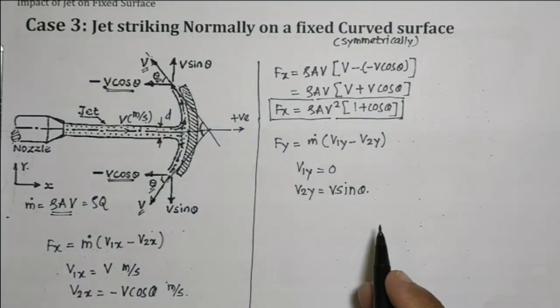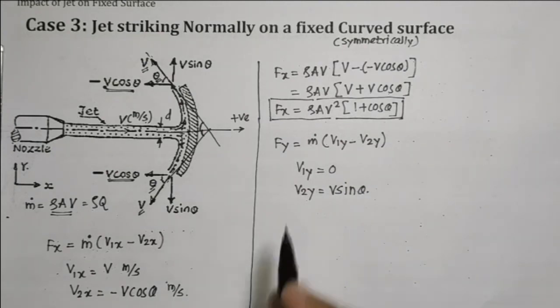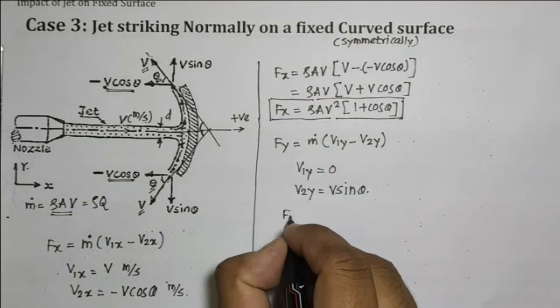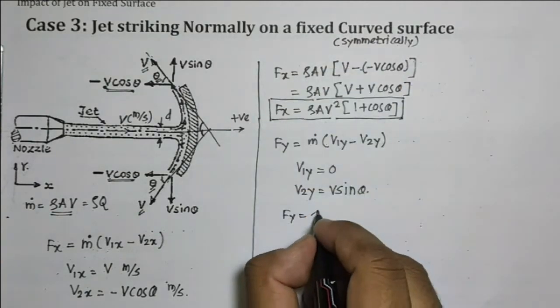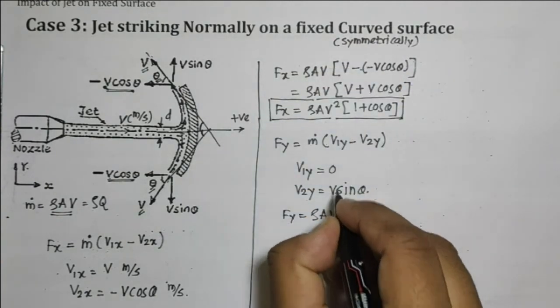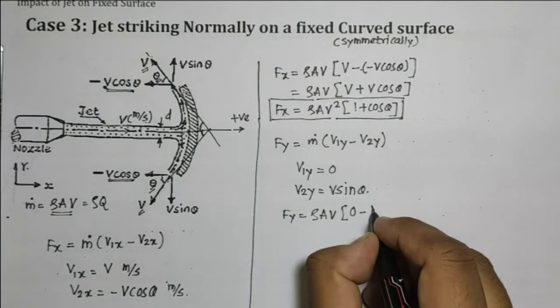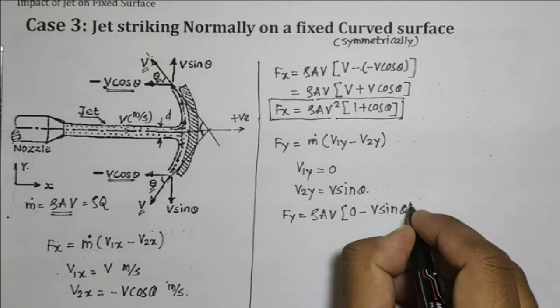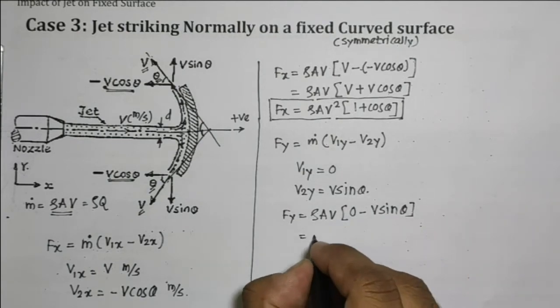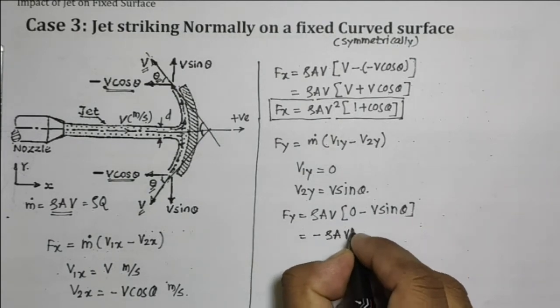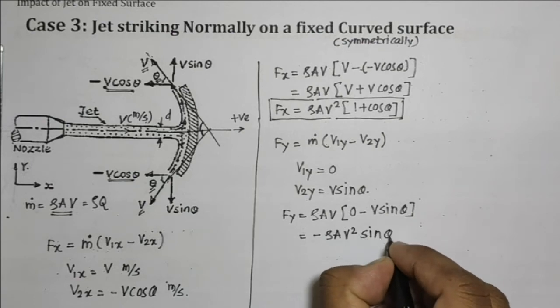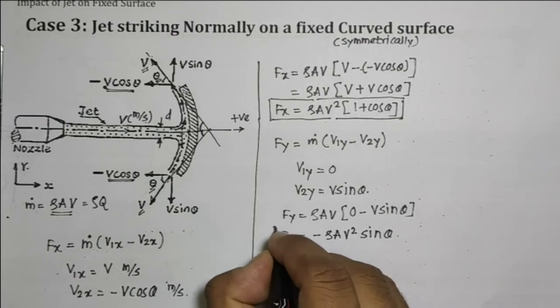Okay, so we can directly put that value in this equation of force. Fy is equal to mass flow rate, rho a v, in bracket v1y which is 0 minus v2y which is v sin theta. So solving this equation we will get rho a v square sin theta as Fy.